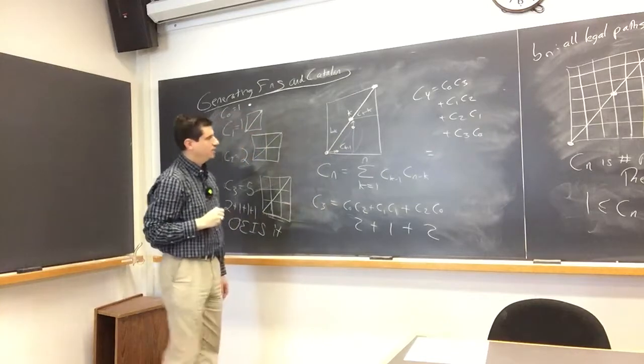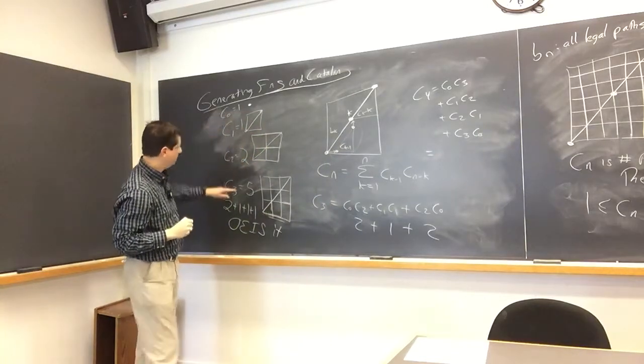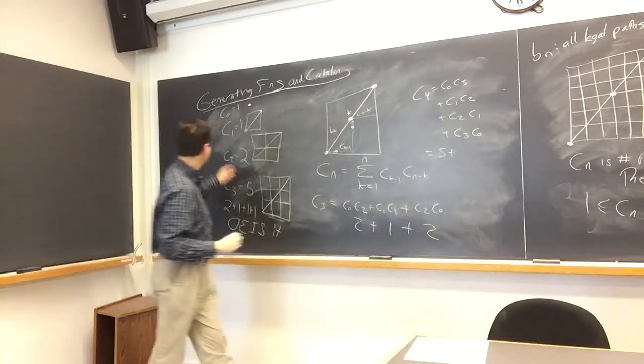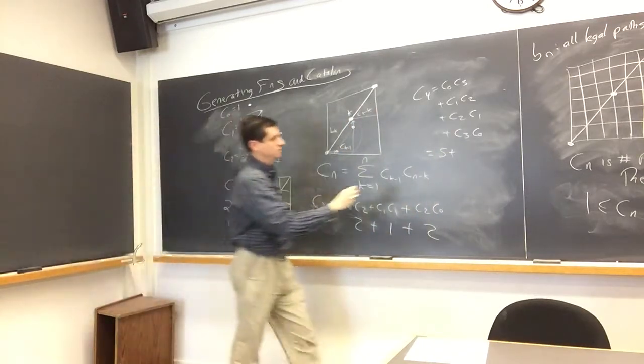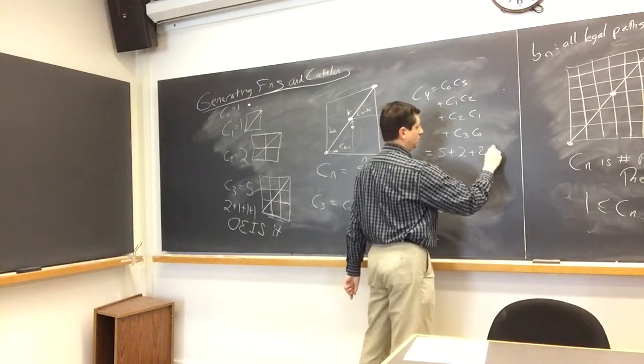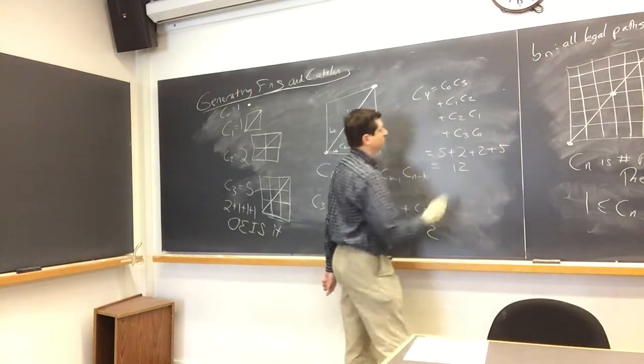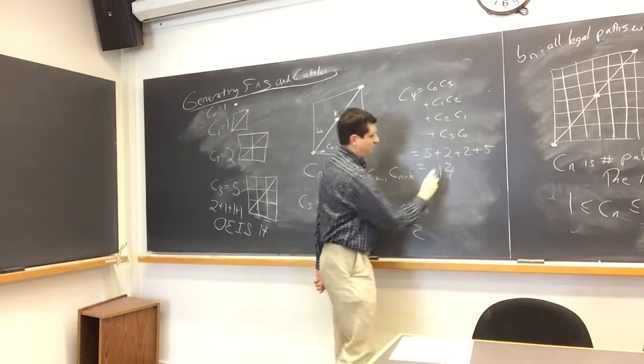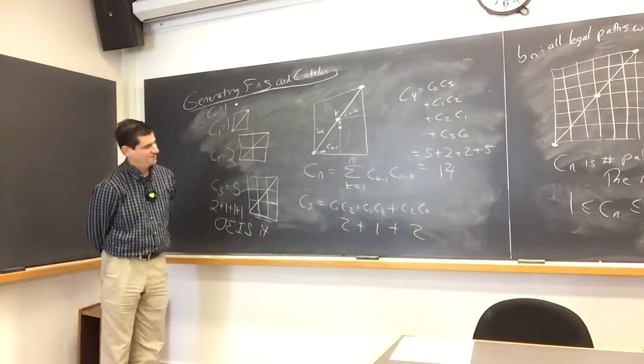Right? And what do we get? So C0 C3 is 5. C1 times C2 is 2. 2 and 5, and we get 14. There you go. OK.